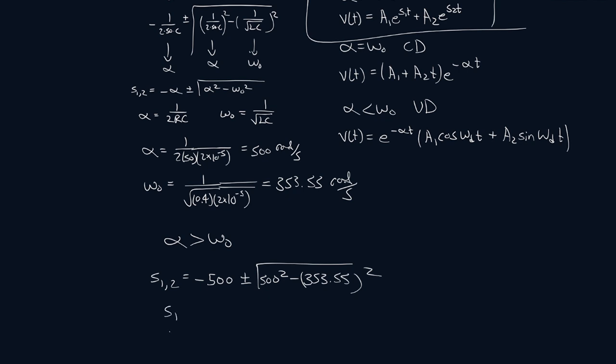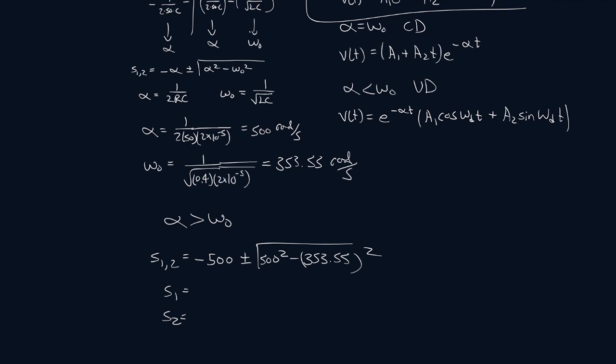So your S1 and S2, if you were to solve for them, you should get minus 146.44 and then minus 853.365.